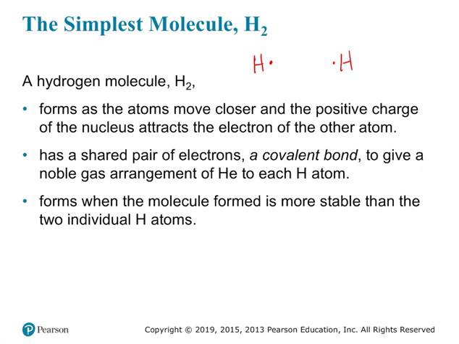So what happens is those hydrogen atoms are going to find each other, and they're going to form a covalent bond where they share those two electrons. So now that those two hydrogen atoms are sharing those two electrons, both hydrogen atoms are happy because they are like helium. They're stable.